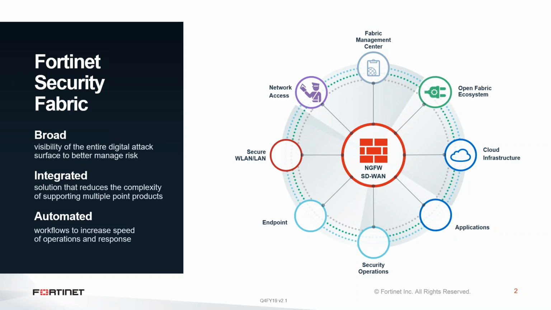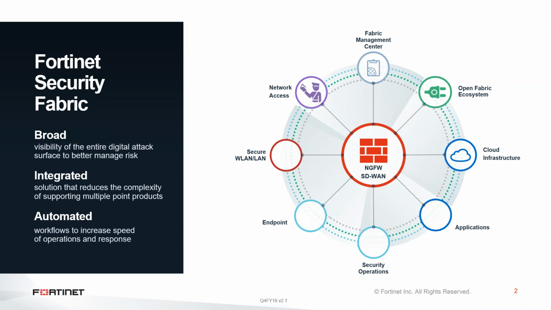All right, so let's start with an overview of our security fabric, right? So our security fabric, as you may know, allows all Fortinet products to interact with each other. It provides full protection across the entire digital infrastructure. The network at the core of the fabric enables multiple network security use cases, including enterprise level next generation firewall, internal segmentation firewalls, and SD-WAN.